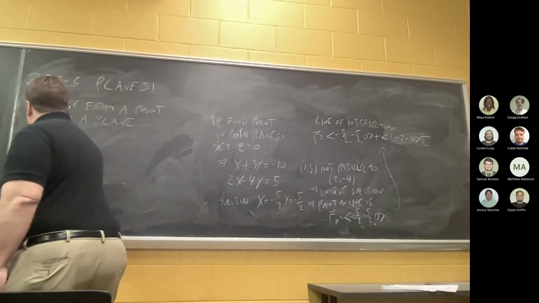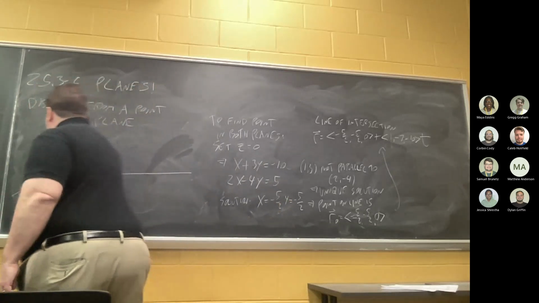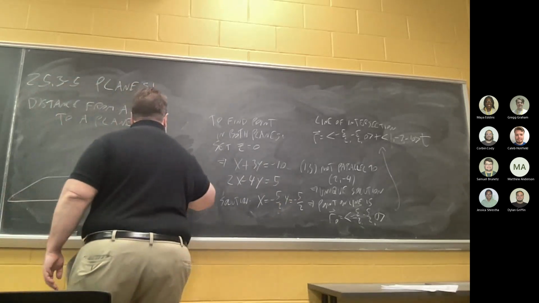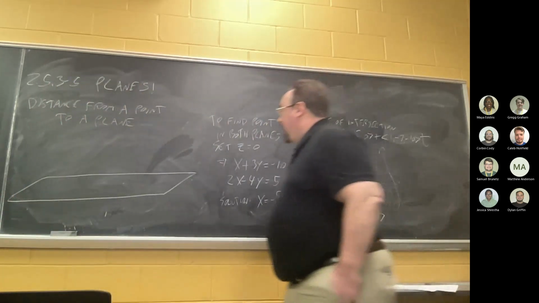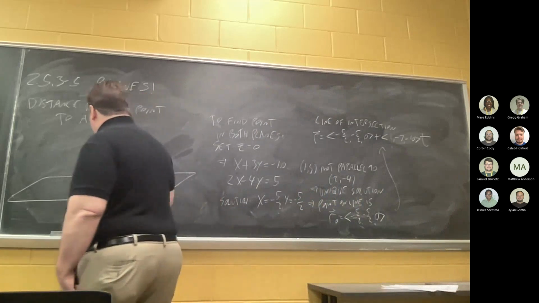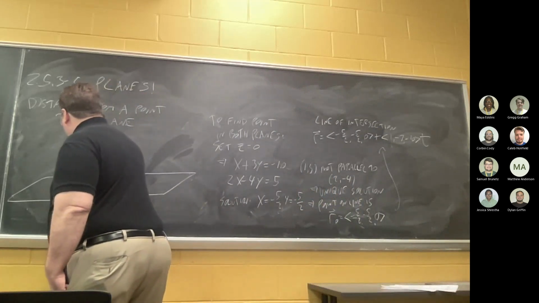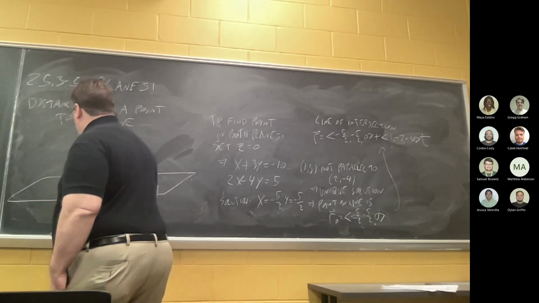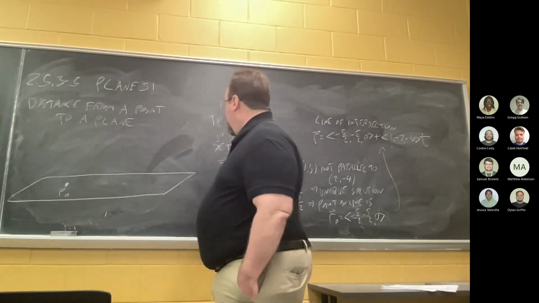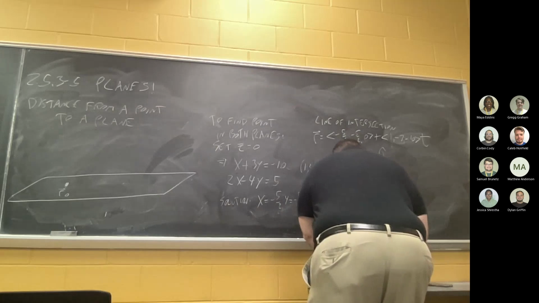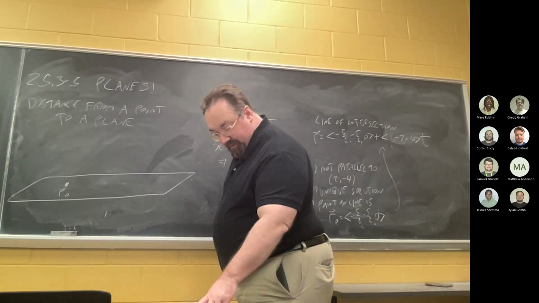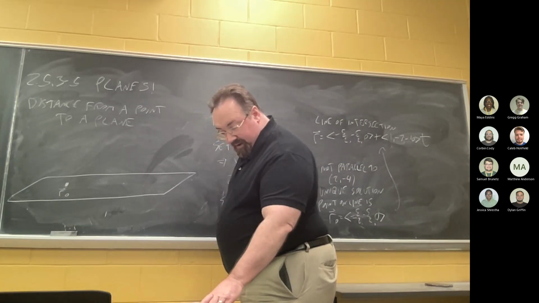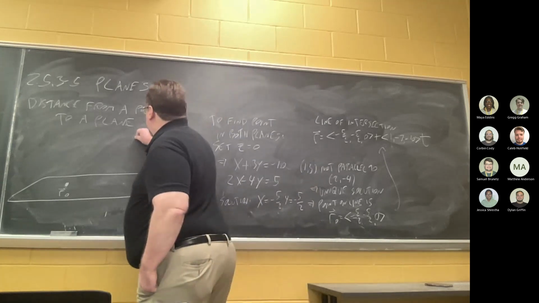I'll draw a picture of the situation. So here's our plane, and here's our point R0 that sits within the plane. But you want to find the distance. Okay, take my notation here. So here's some point that's outside of the plane.